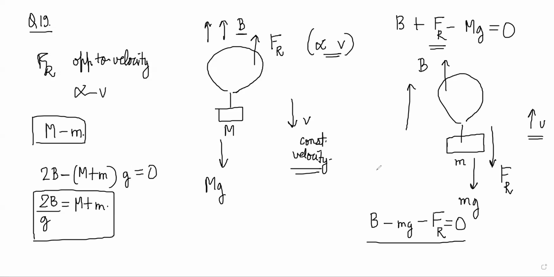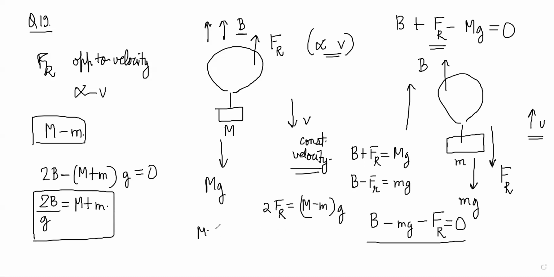In order to find M minus m, I will have to subtract, or basically I will say B plus Fr is equal to capital Mg and B minus Fr is equal to small mg from the two equations. So if I subtract, I will get 2Fr is equal to (M minus m) into g, right? Yes. So M minus m is coming out to be 2Fr by g, right?